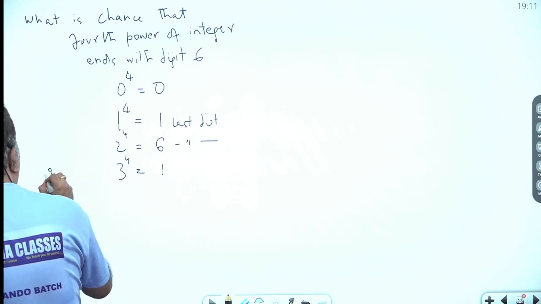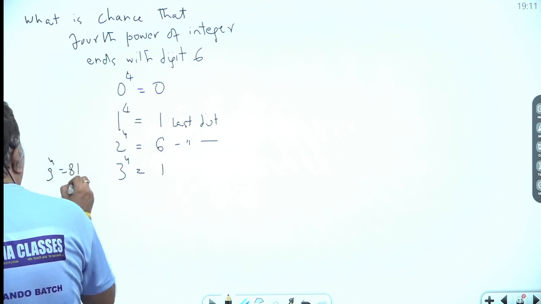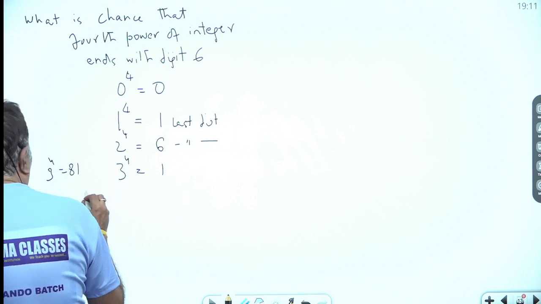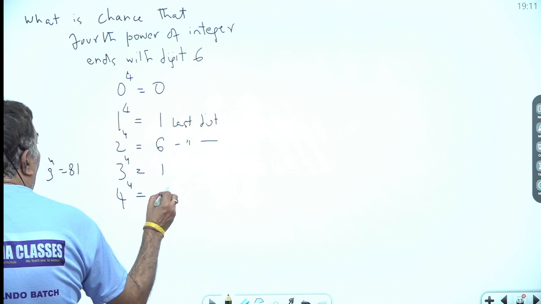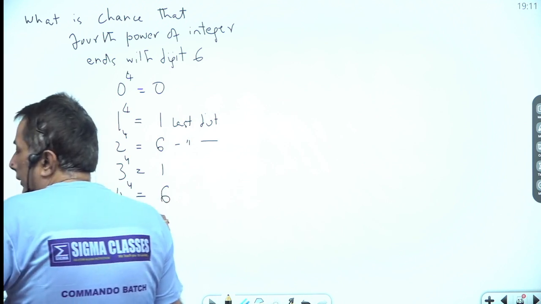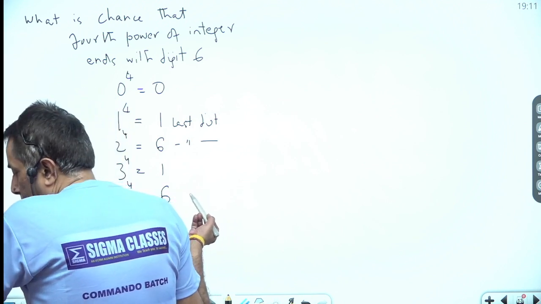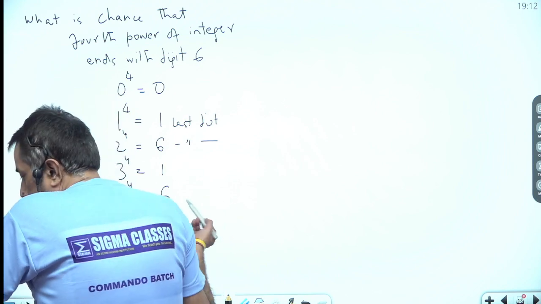If we calculate 3 raised to power 4, 81. 4 raised to power 4 will have 6 as the last digit, 16 into 16 you can calculate.